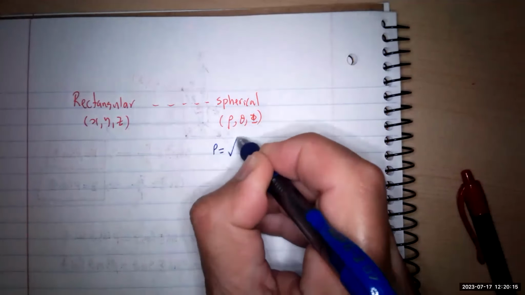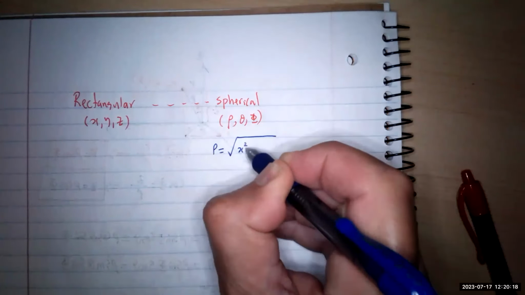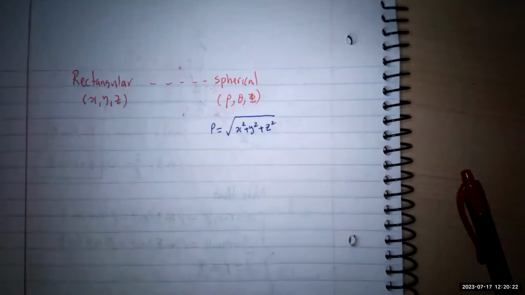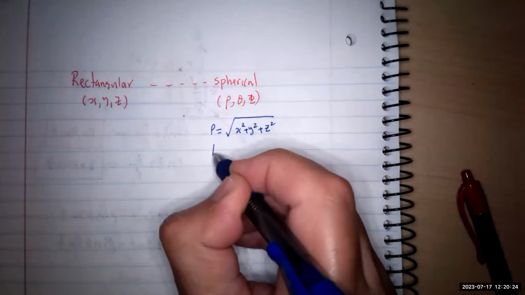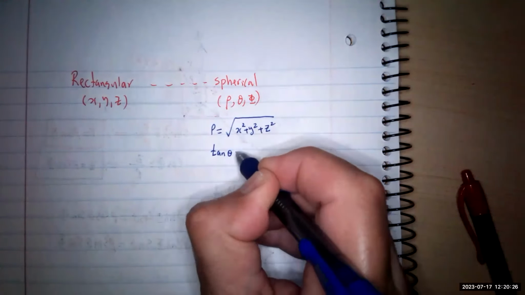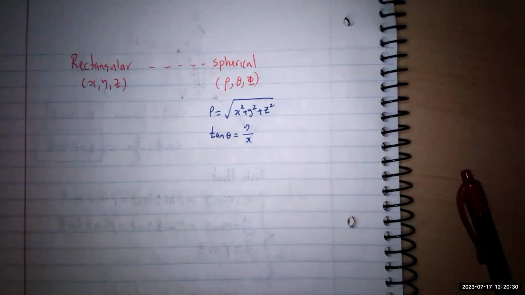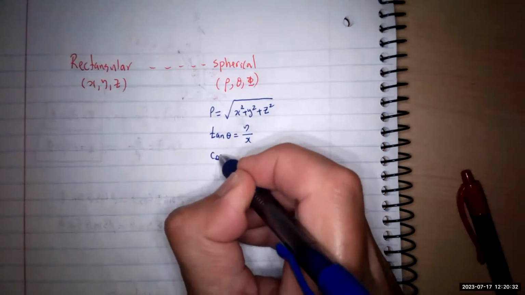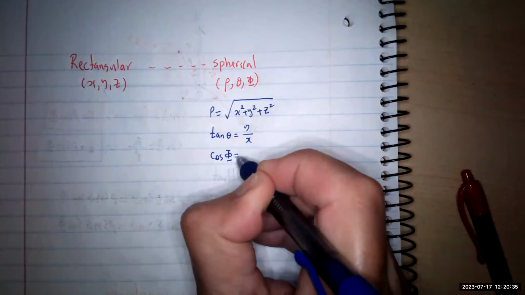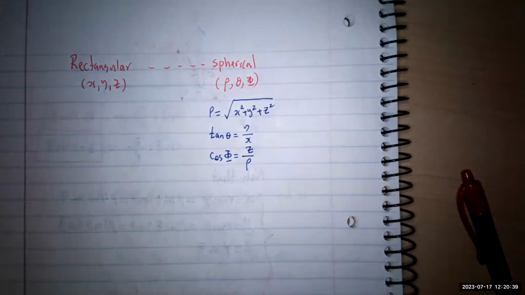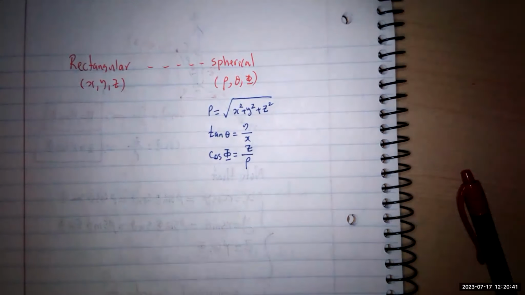You find the rho from this formula, x squared plus y squared plus z squared. That's your rho. For the theta, you go with the polar coordinate: tangent of the theta is y over x. And for the phi, you just go with that cosine formula: cosine of the phi, remember, that was the adjacent side, z over rho. So you mostly use this one to get through it.